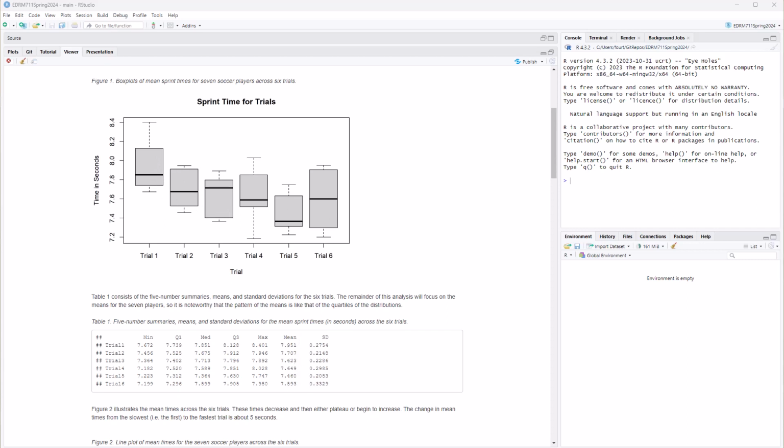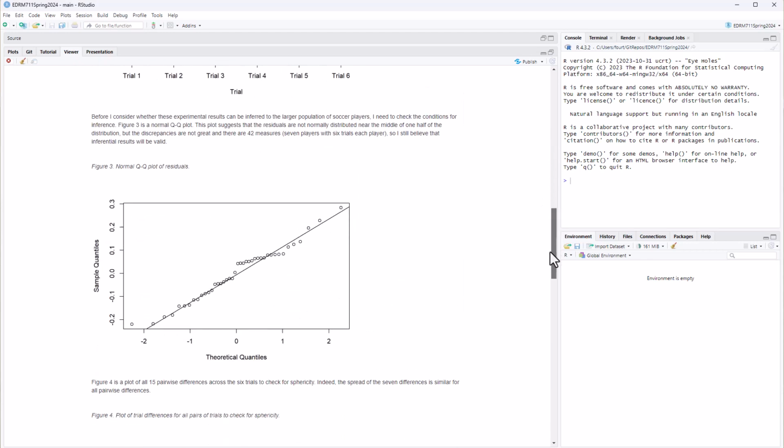If we want to compare them in terms of the relativeness to the within subject variability, which is always important to do because means can vary just due to sampling variation, we want to know: is what we see in the mean differences just a function of that sampling variation, or is it something more than that?